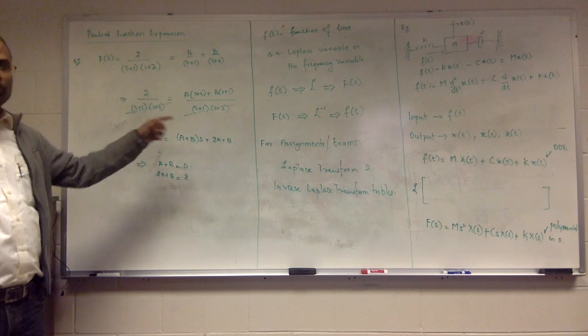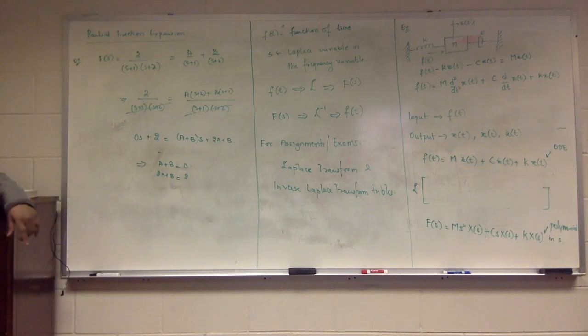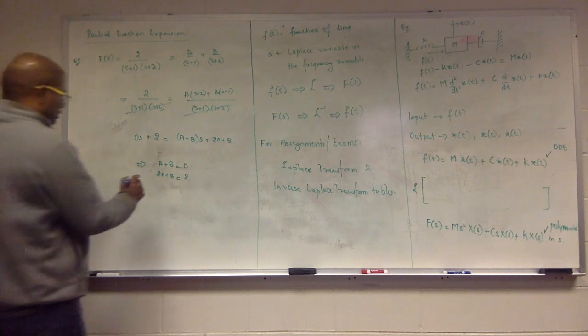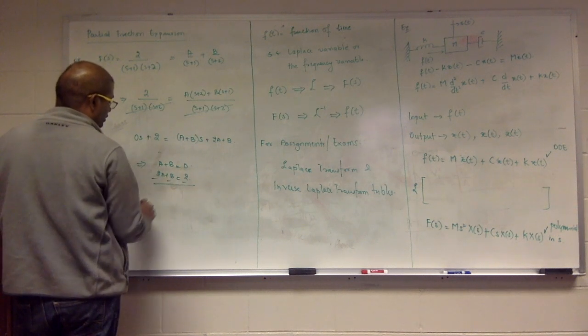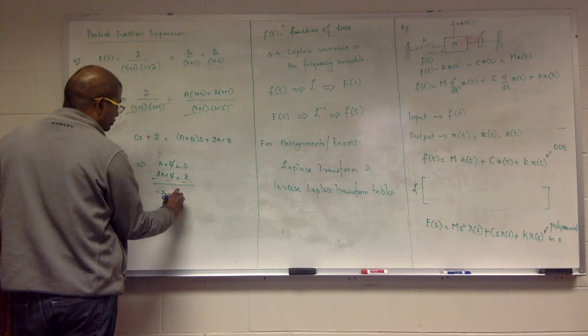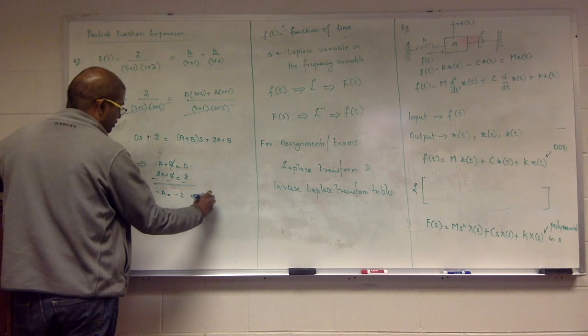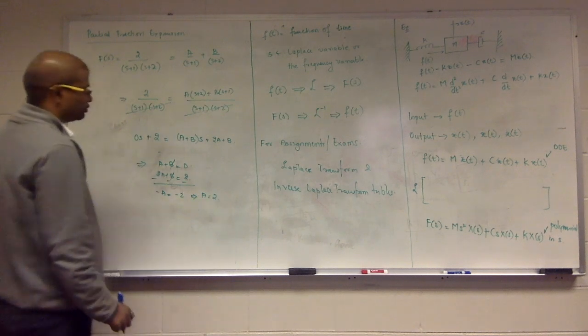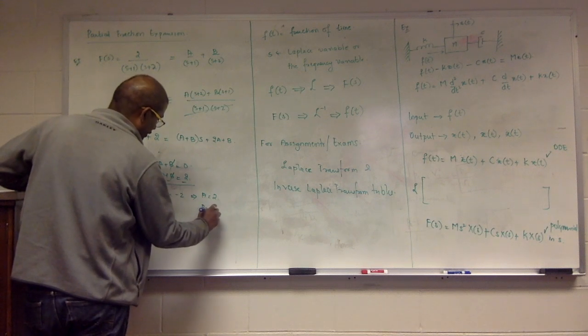So you equate coefficients. The textbook gives you a different approach, but you can use this approach to figure out the coefficients A and B. So now, what you're going to get here is, you do minus, minus, minus. You're going to get minus A is equal to minus 2, which implies A is equal to 2. So B will be equal to negative 2.